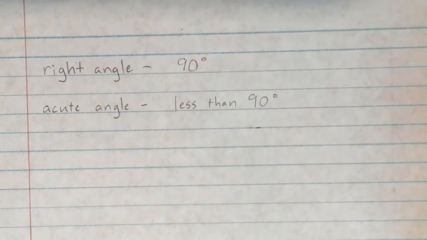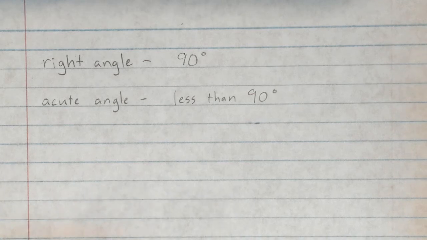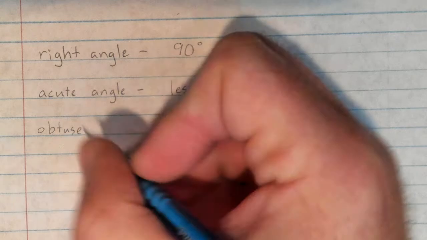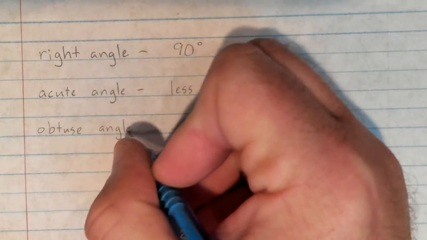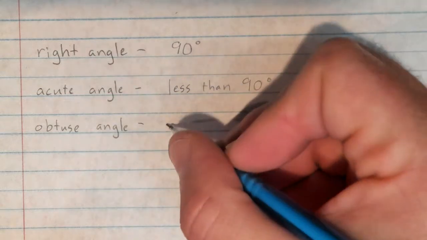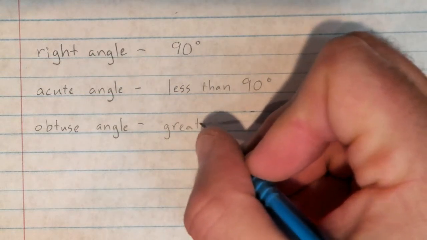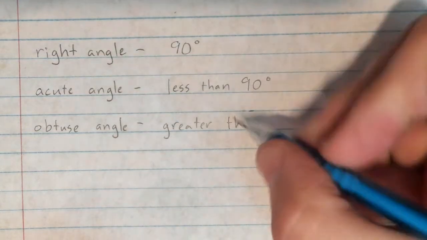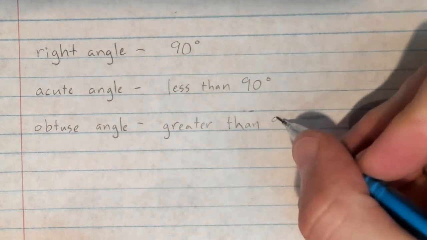Less than 90 degrees. Oh, it's cute. It's a cute angle. It's so small. And an obtuse angle is one that is greater than 90 degrees.